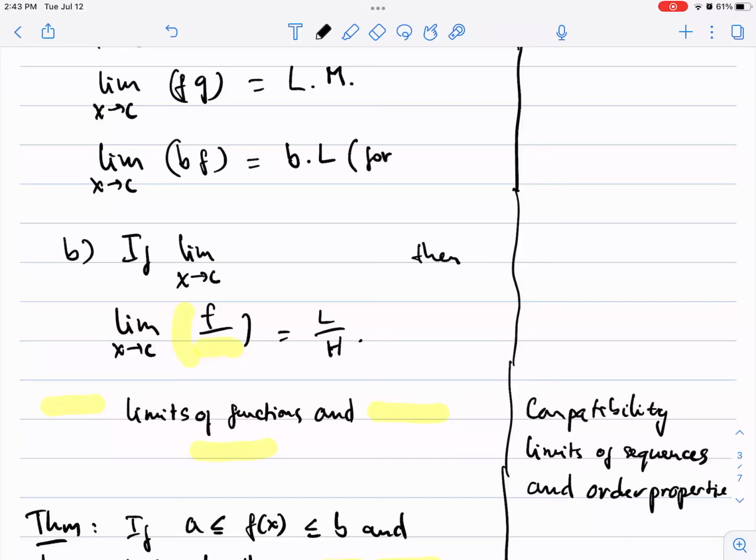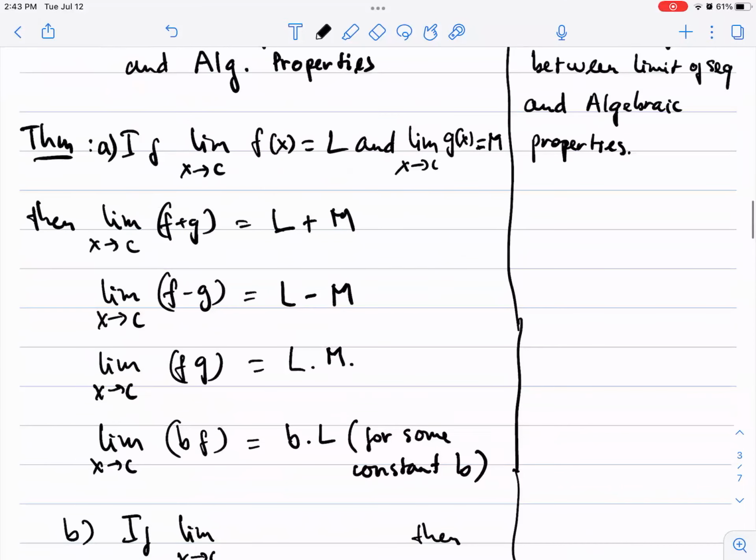So essentially, here it says that we can interchange these operations, the limit operation and the algebraic operation.